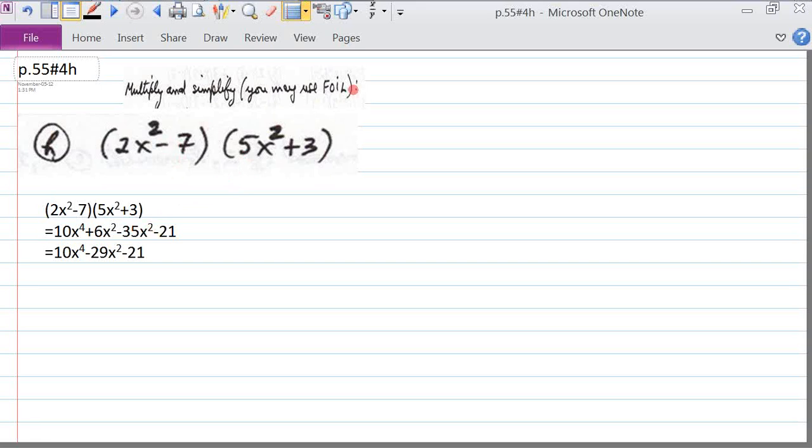And finally, L gives us minus 7 times plus 3, which is minus 21. So this is first, outer, inner, and last. The outer and the inner are combined right here. These two are combined, plus 6 minus 35 gives us minus 29.